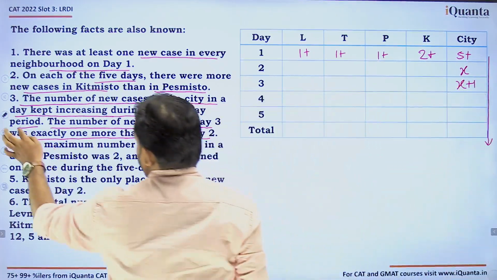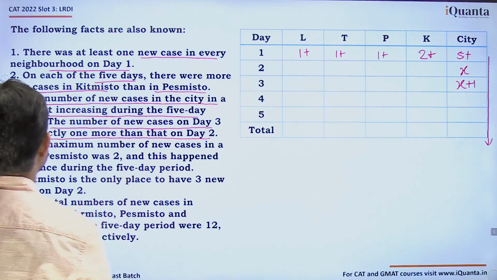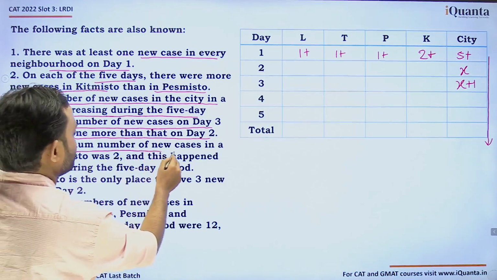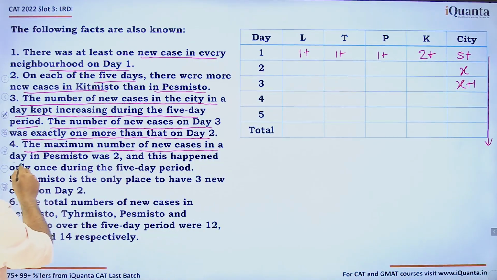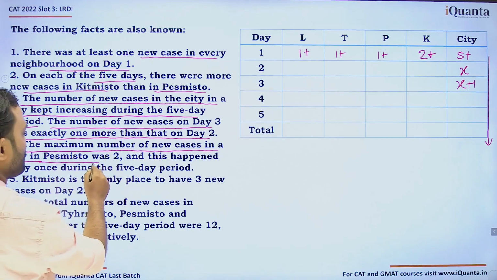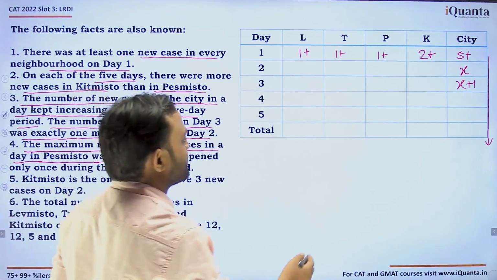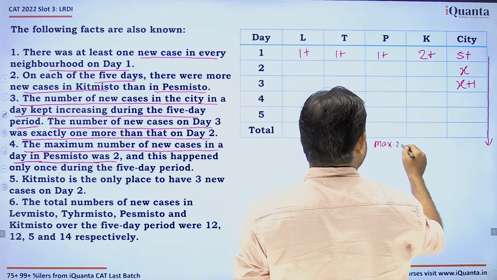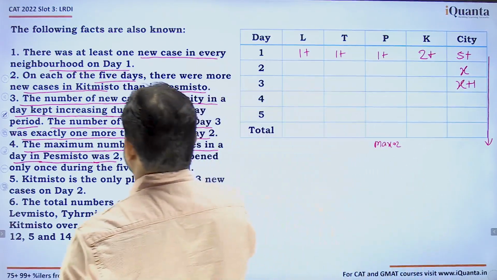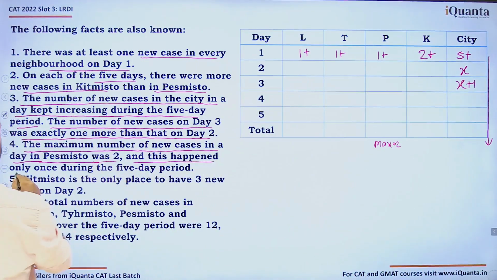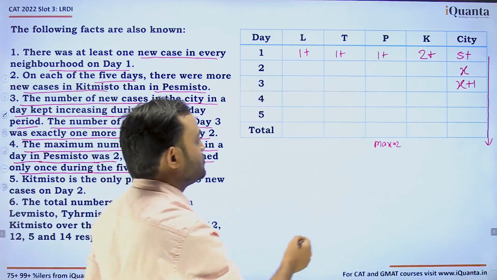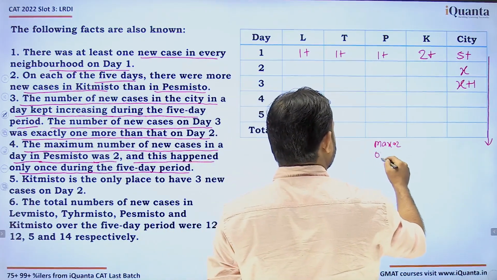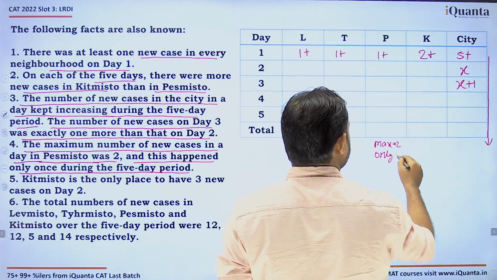This is x. Now, next it says the maximum number of new cases in a day in Pesmisto was 2. So in Pesmisto, in any day, maximum is 2, and this happened only once during the 5 days.